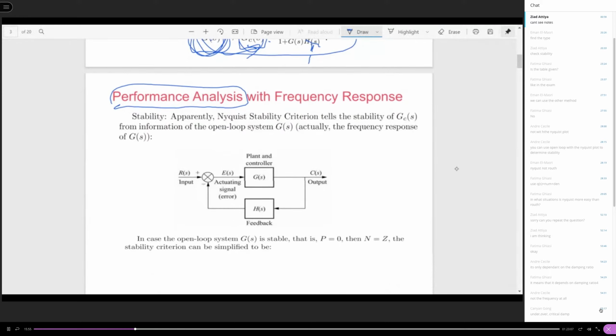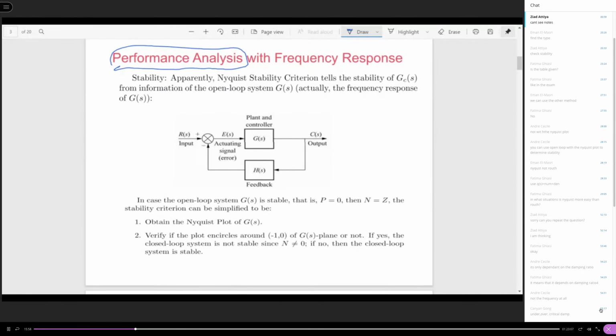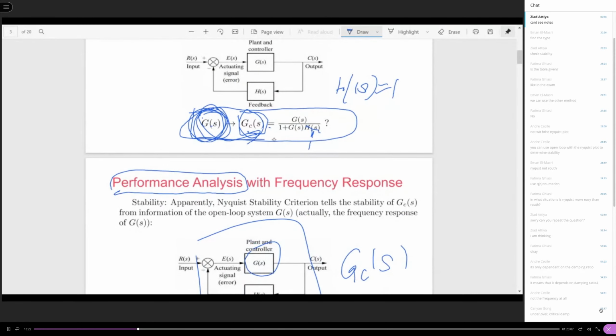And you can understand that the Routh-Hurwitz criterion does not satisfy this kind of expectation. In other words, if you only have the information of G of S, you cannot use the Routh-Hurwitz criterion to predict what happens for the closed loop, for G sub C. So the Routh-Hurwitz criterion does not satisfy our expectation shown in this relation.